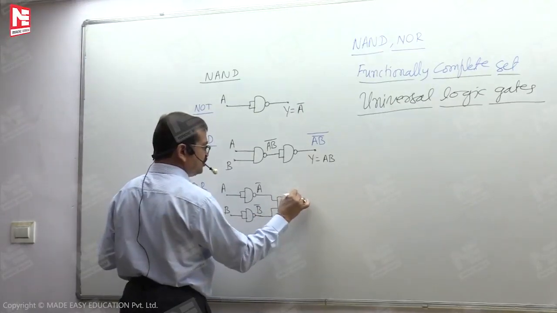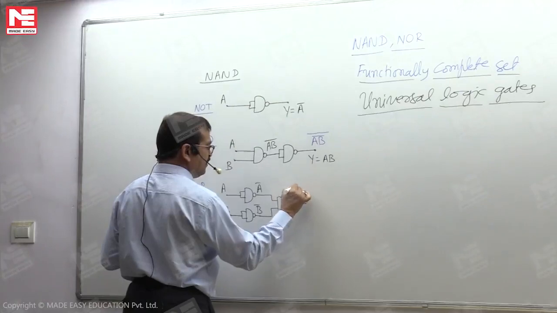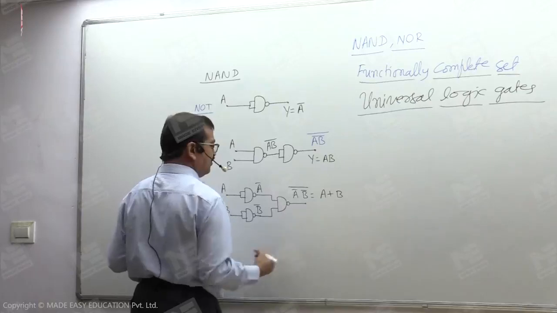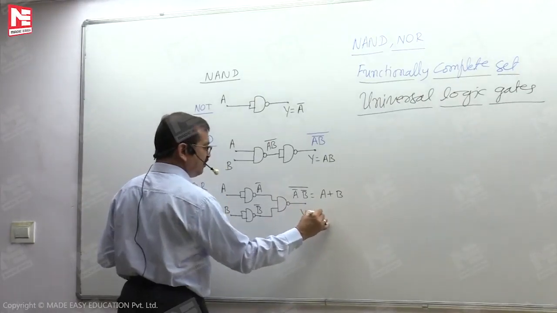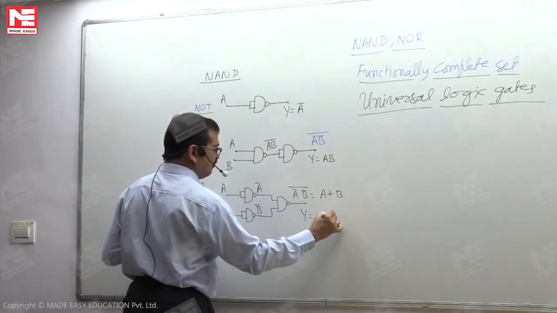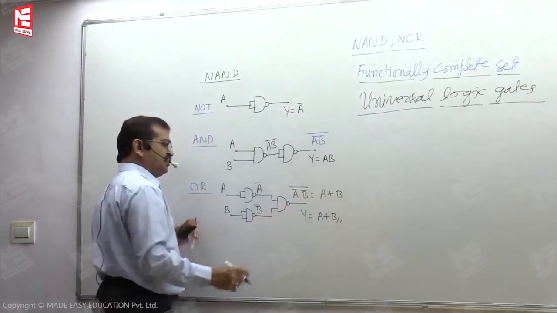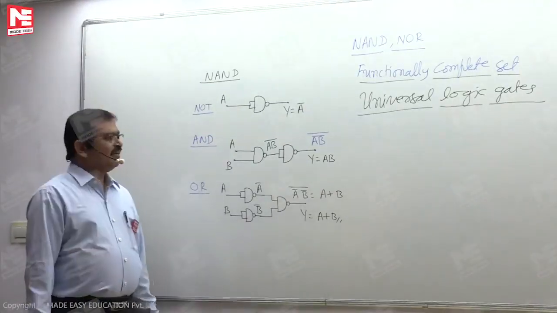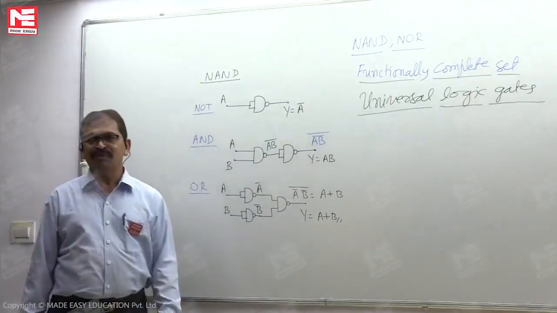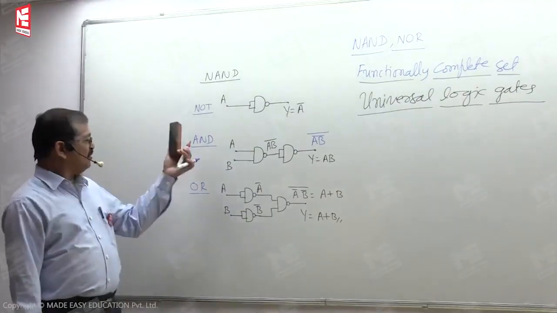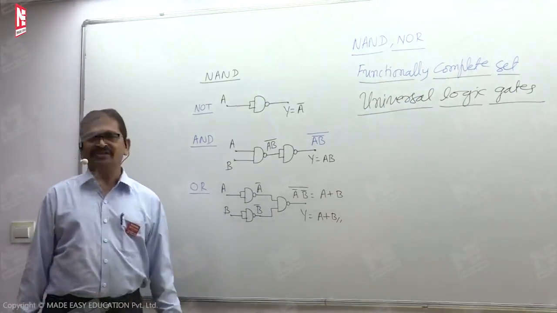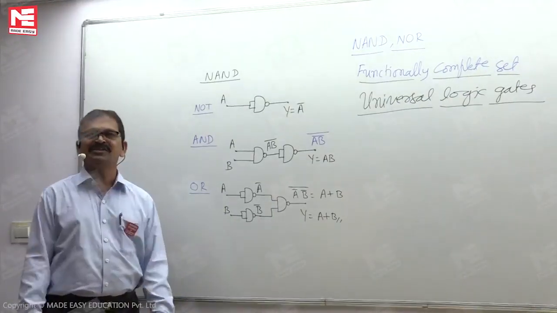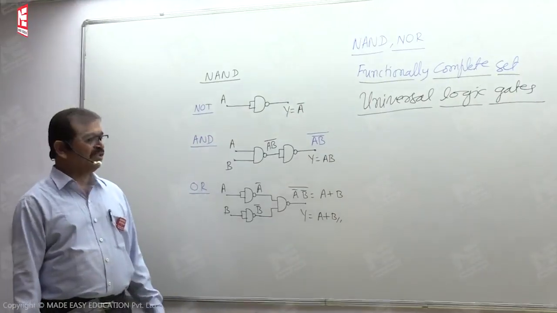Then A complement, B complement, whole complement, by using De Morgan's property, gives A or B. This is our operation. Hence we can implement all the basic logic gates using only NAND gates. So just by using NAND gates, we can implement any sort of digital system and realize any digital circuit.